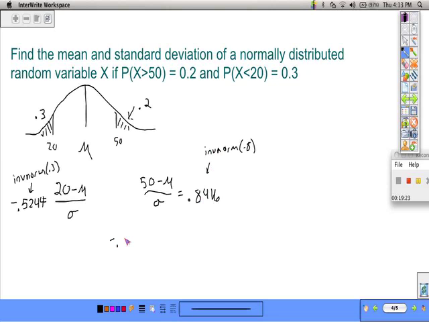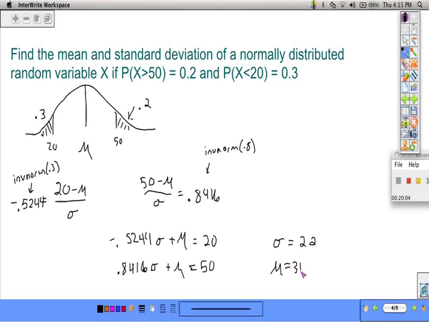Negative 0.5244 times the standard deviation plus the mean equals 20. 0.8416 times the standard deviation plus the mean equals 50. And we can solve this system using whatever methods we want, matrices, elimination, whatever, and we will end up with the standard deviation being 22, and the mean ends up being 31.5.